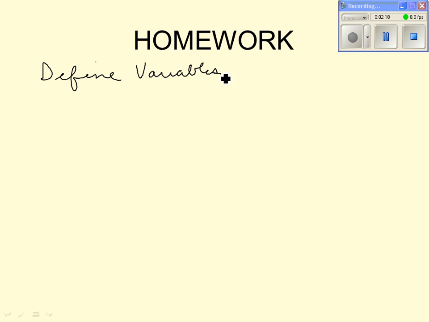All it means to define your variables is go through and say, all right, what things don't we know? So we don't know the number of cars. Well, we can let that be C, since cars, that way we don't get confused at the end. And what else don't we know? Number of motorcycles, good.